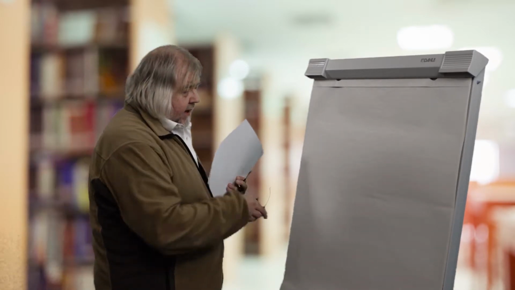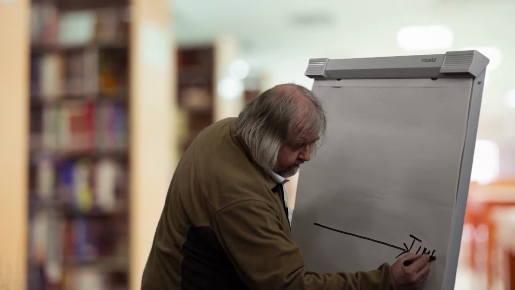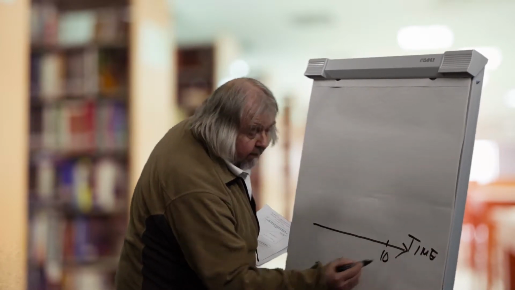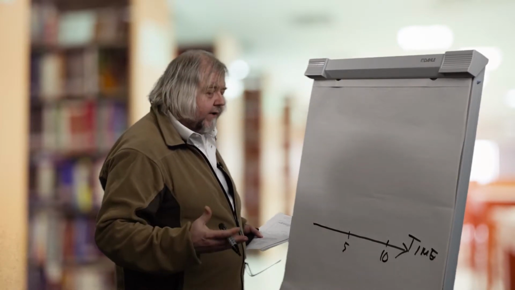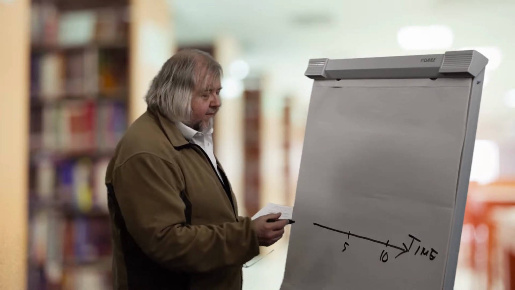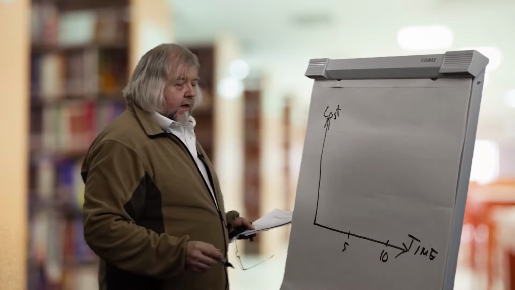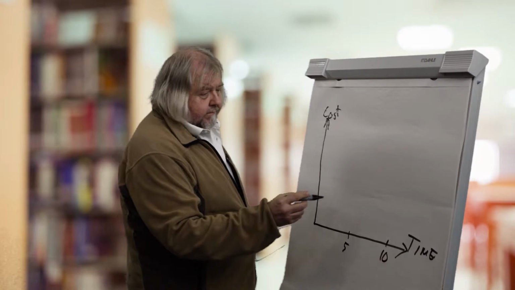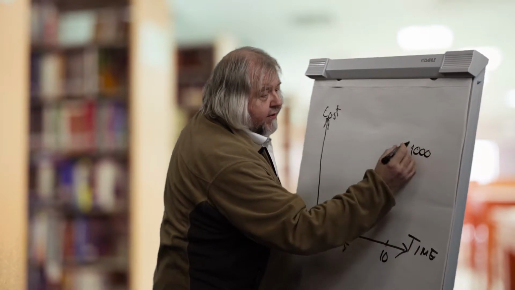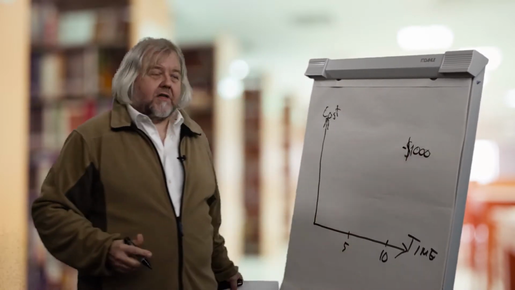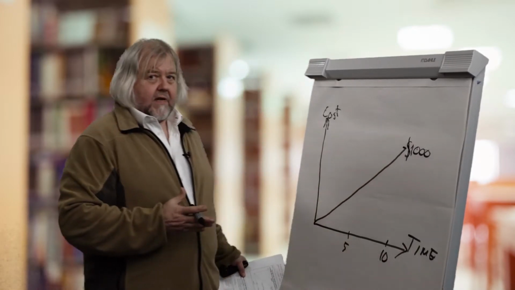So let's start with a simple picture here. Let's assume that we have a project which is a 10 months project, and we are in the middle of it. We have completed already the project for 5 months. And then we have project cost here. For example, if we have a total budget of $1,000, and we assume that the cumulative cost curve is a direct line here.